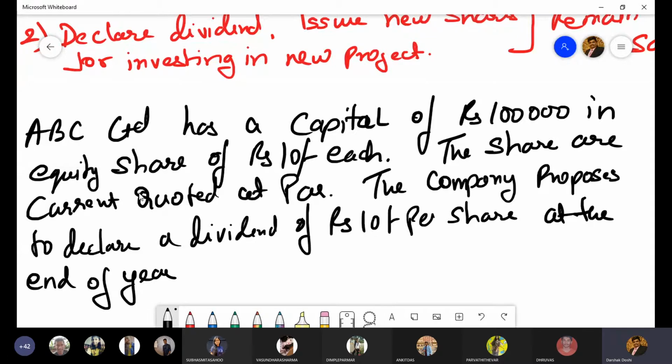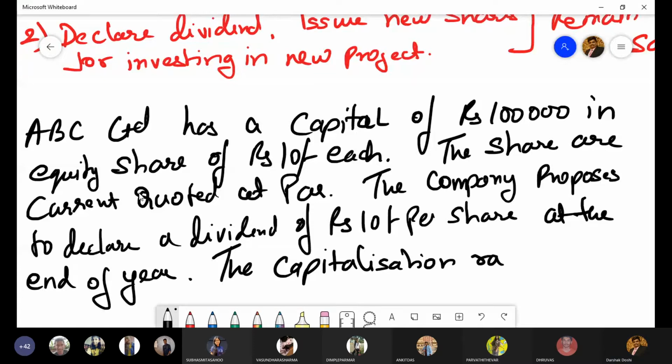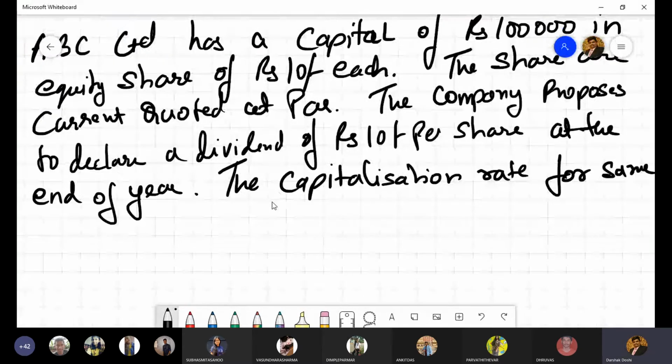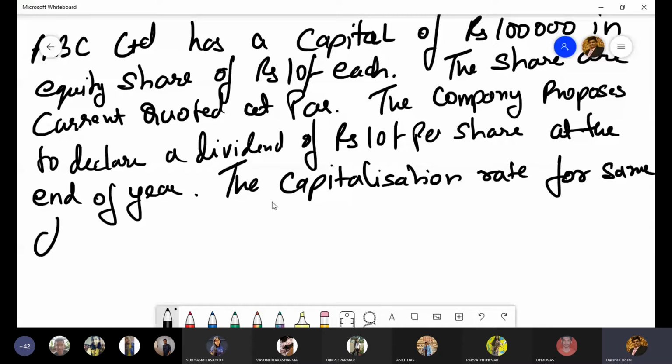The capitalization rate for same class of shares is 12%.